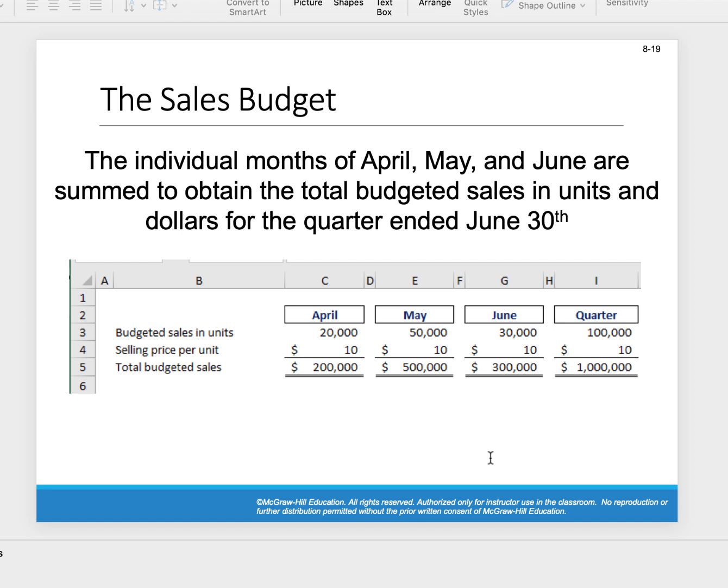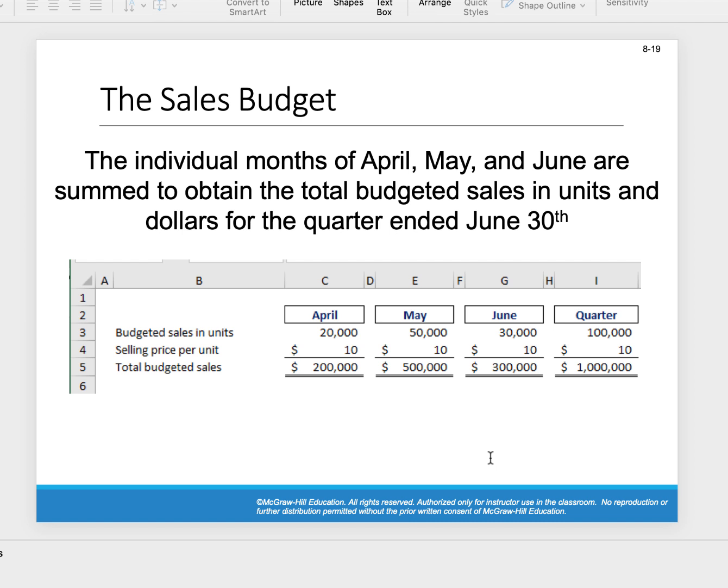We know right off the bat, selling price times number of units sold gives me my total sales, right? It doesn't matter if we're looking at budgets or CVP analysis, that concept applies. So I can very easily do my sales budget. All I do is take my sales for April and multiply it by the selling price.